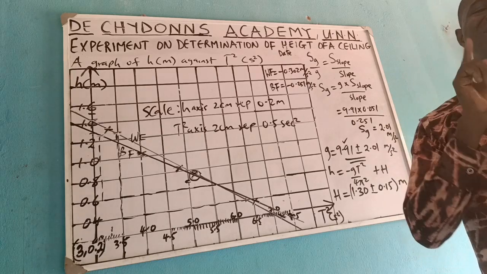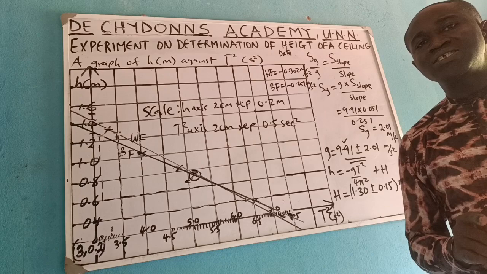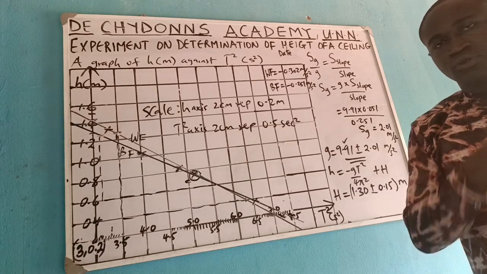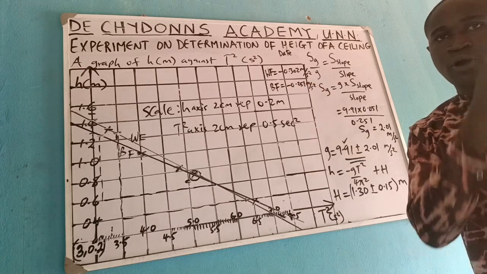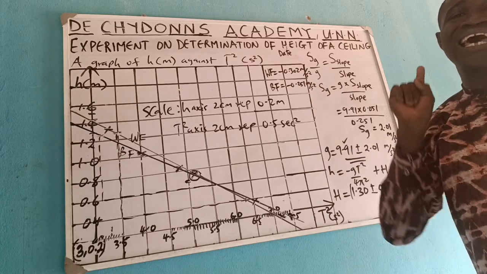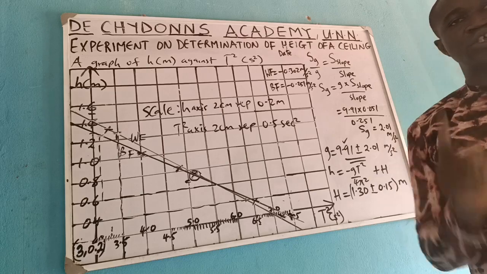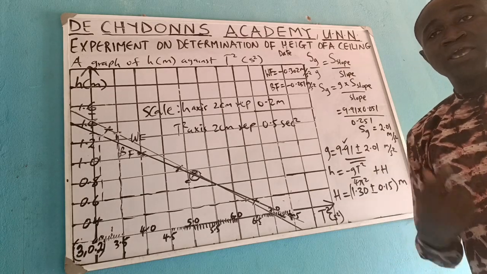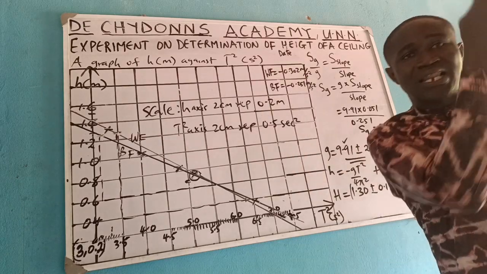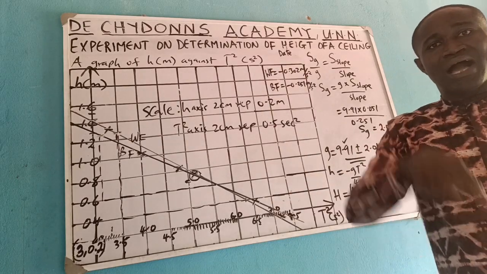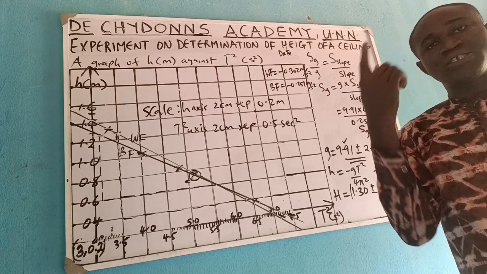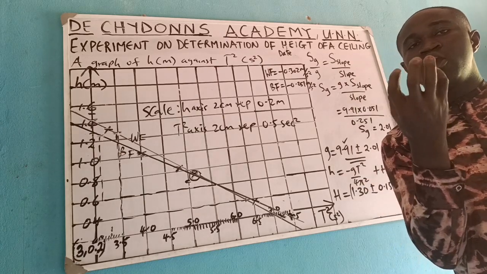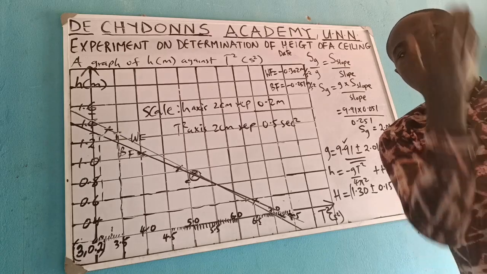But when we talk about oscillatory motion, we said it is a to and fro motion of a body whose acceleration is directed toward the center of its position and is directly proportional to displacement. That means to and fro, it can be in a circular way and it can be in a vertical way, as we see in the spring experiment, where they mount a load on a spring and it moves up and down.